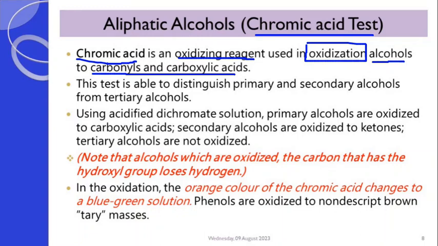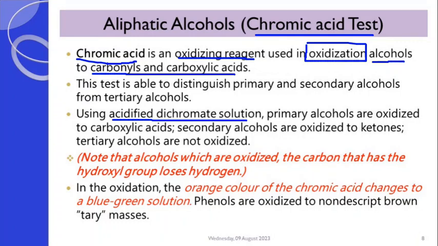Reagents like acidified dichromate solution are used. When it is used, primary alcohols are oxidized to carboxylic acids, whilst the secondary alcohols are oxidized to ketones.